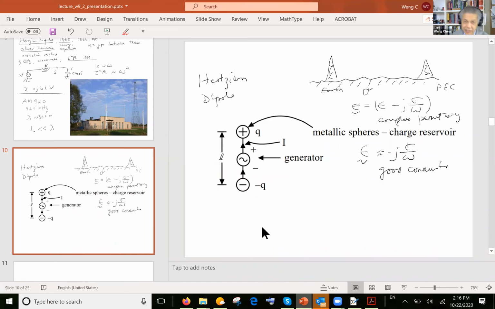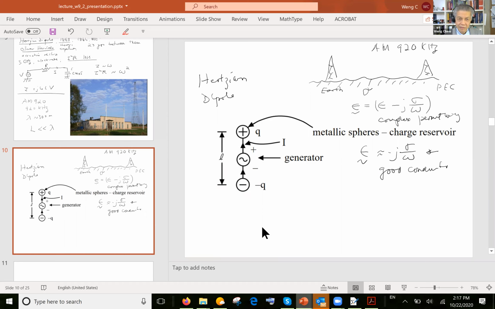Of course it's not a PEC, but you can make an approximation saying that it's very much like a PEC at that kind of frequency, like AM 920. As we said before, when the frequency is low, the conductivity becomes high, or at least the conduction current term dominates, and whatever you have can be modeled as a PEC.